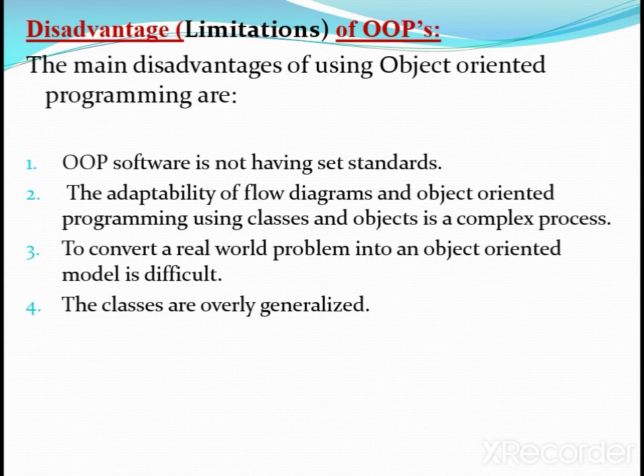And converting a real-world problem into an object-oriented model is very difficult. Polymorphism and dynamic binding also require processing time due to the overload of function calls during runtime. These are some of the limitations of OOP.